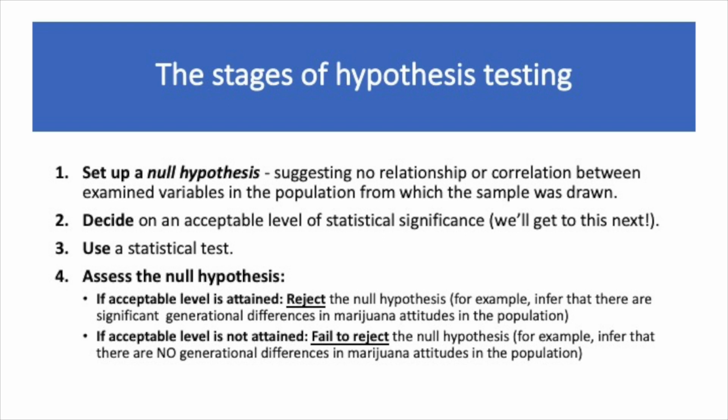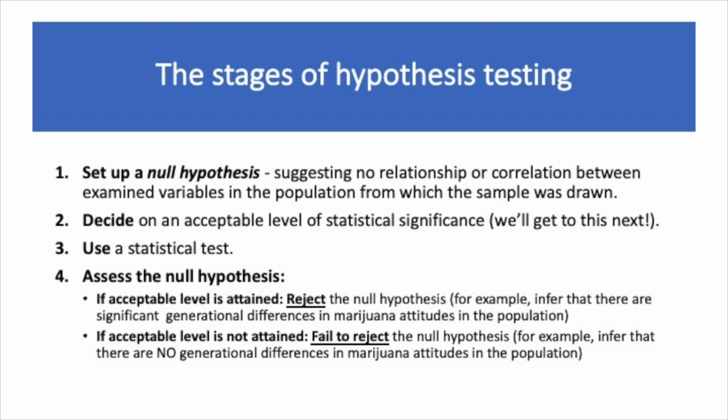Then we're going to use a statistical test in order to test our hypotheses, right? This is something we're going to talk about next week, those specific statistical tests that we might use in inferential statistics. Okay?